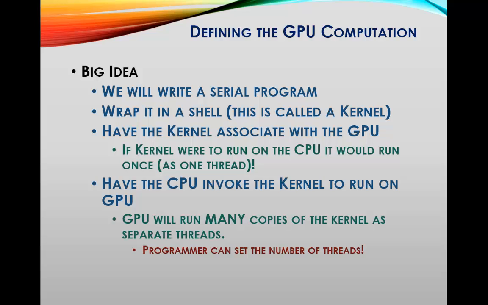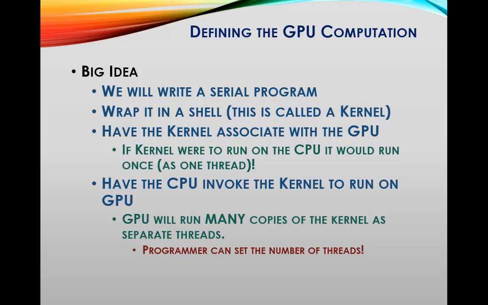We essentially try to find a thread of execution that takes care of the building block processing that we need to do, and we take this as a serial program. Depending on how your program works, you'll have to come up with a shell. Here it translates into a kernel that takes care of the very basic bare-bone process that you need to do. Then you wrap this shell into a kernel.